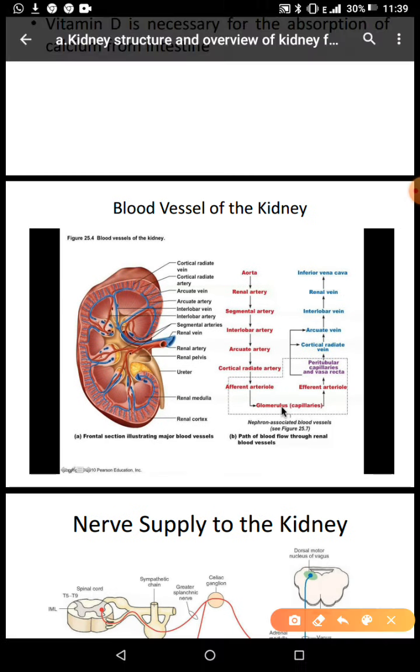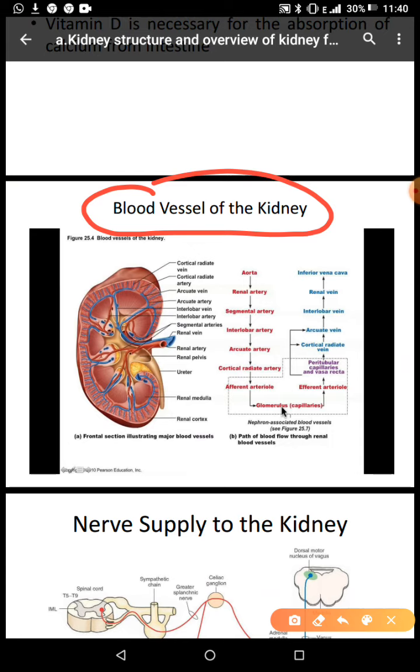Now, the kidneys are also like filters. What do they filter? They filter the blood flowing to them. That's why there's a very important parameter called the glomerular filtration rate. It measures the amount of blood or plasma that is filtered by the kidneys per minute.